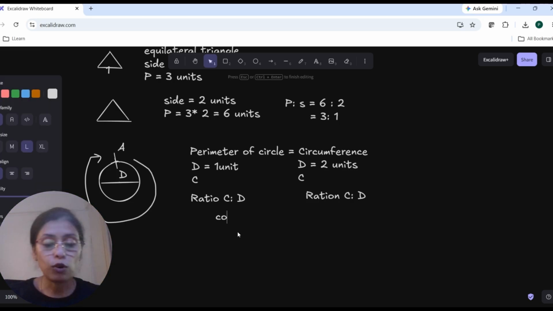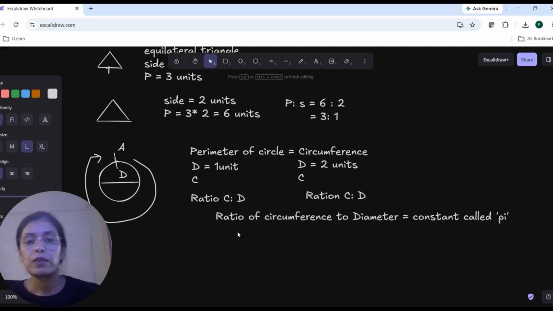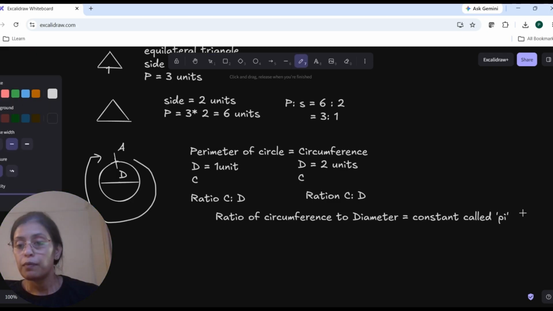And what is the value of this ratio of circumference to diameter? It is a constant called, they gave it the name pi. Okay. This is the symbol of pi. So that is where they discovered that this ratio is always equal to one constant, which is the pi.